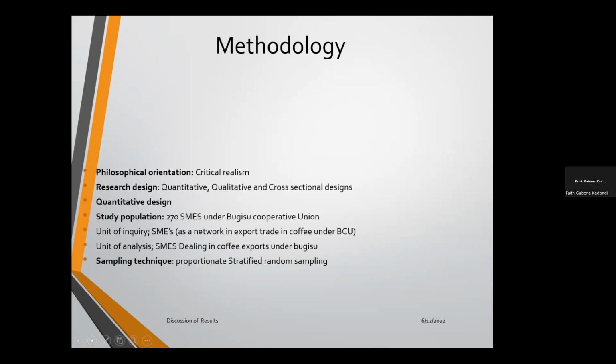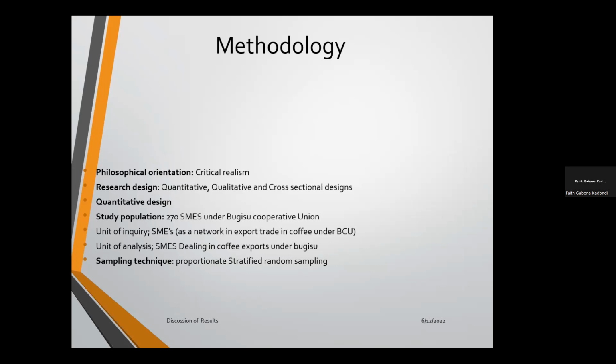The research designs I intend to utilize and their tools are quantitative and qualitative. Under quantitative design, my study population is 270 coffee exporting SMEs that are housed under Bugisu Cooperative Union. My unit of inquiry is the SMEs as a network engaged in export trade, housed under Bugisu Cooperative Union.